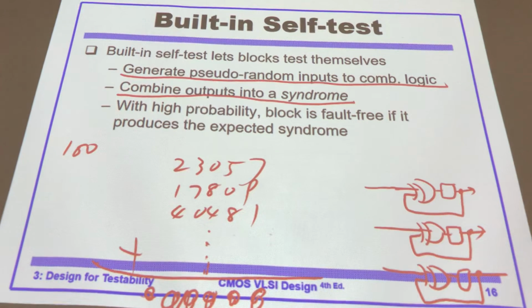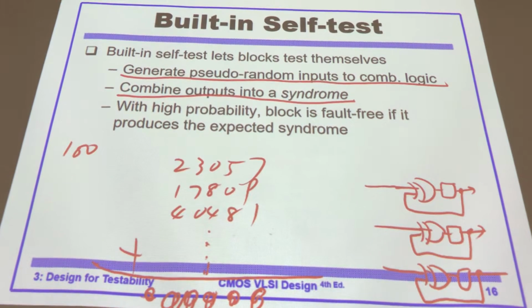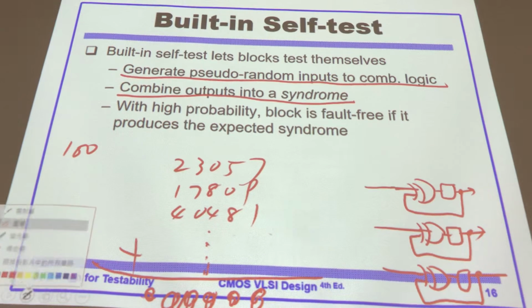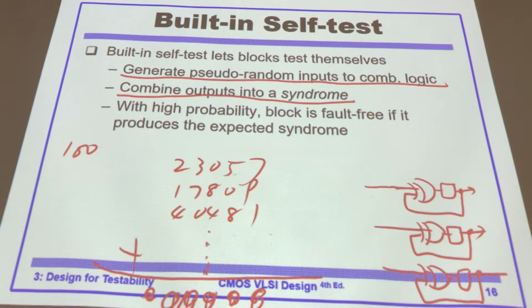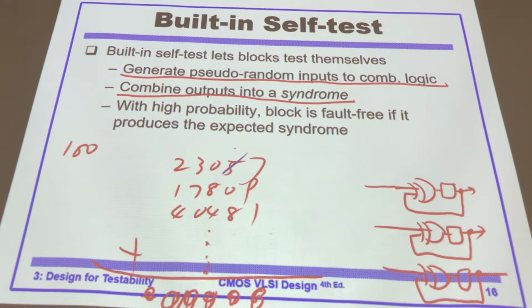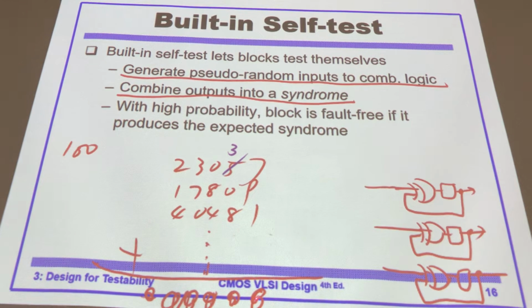And how about if somehow one digit is wrong? You get a wrong number. If one digit is wrong, will you get a correct number? No, there must be something wrong.